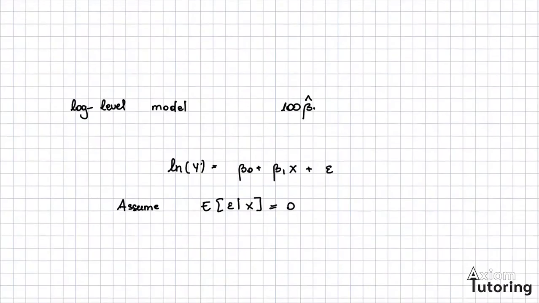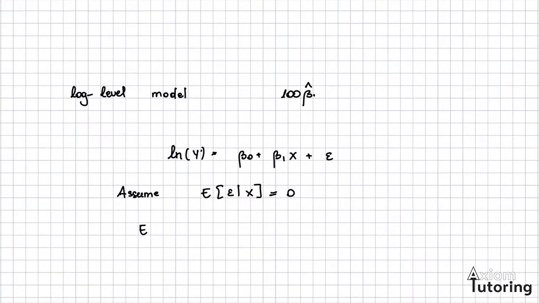And that means that if we take the conditional expectation of ln y on x, that should give us simply beta 0 plus beta 1x, because the expectation of the epsilon term on x should be 0, and that should disappear from that expression. So this is the population regression function.